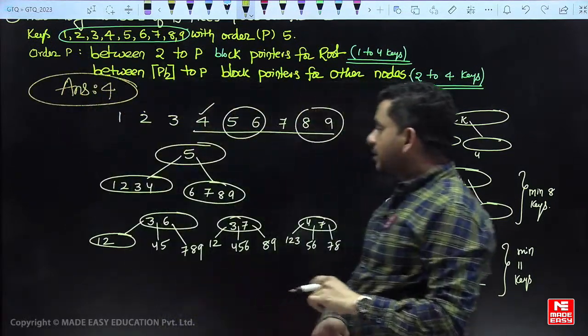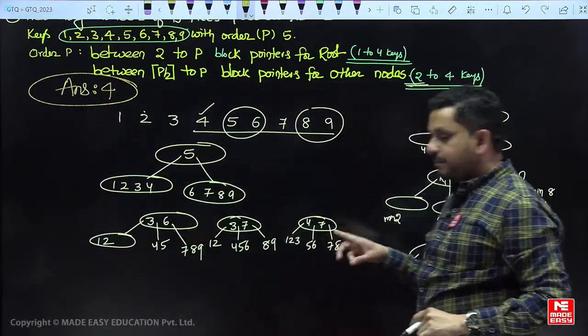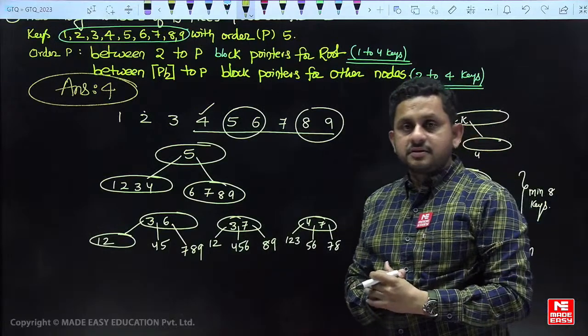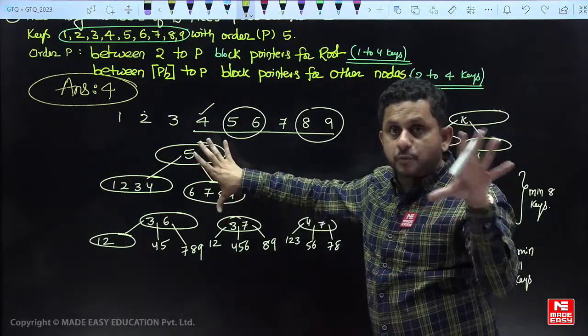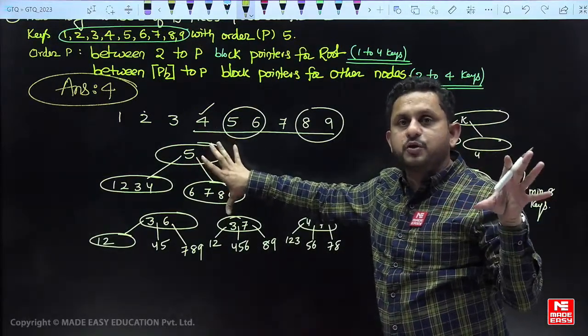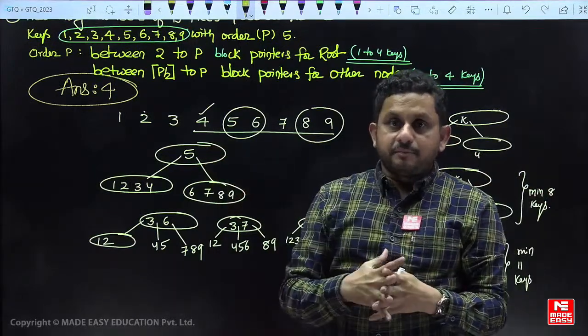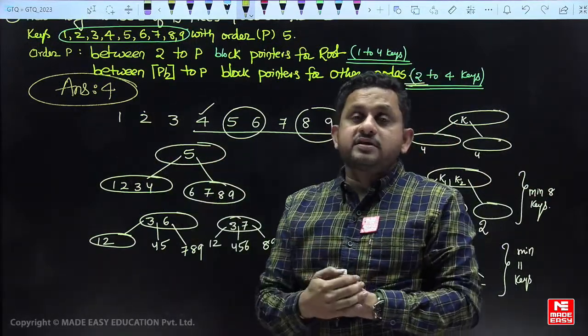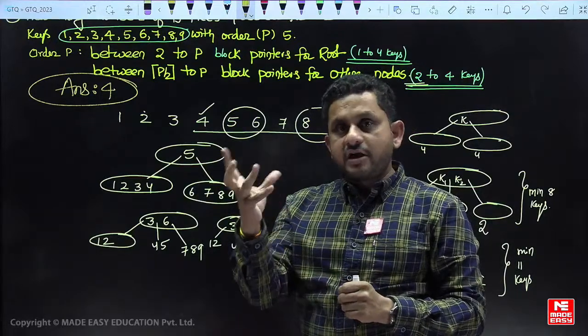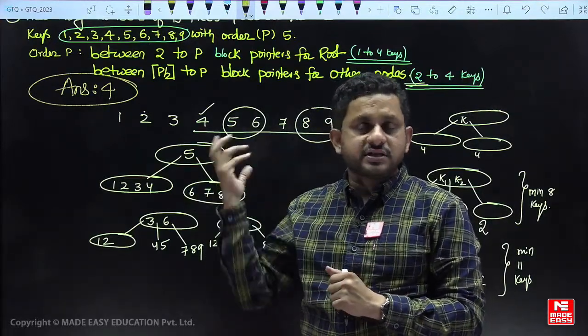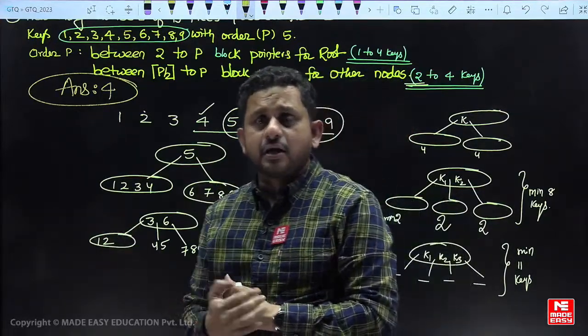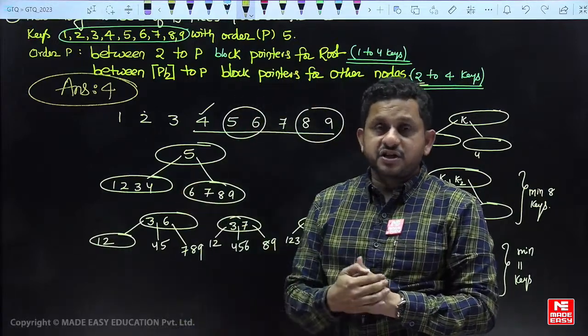So this is 1 and these are 3. Like this you need to see all the possibilities. Whereas for binary search trees, the total number of binary search trees has a well-defined formula, 1 by n plus 1, 2n Cn, which we studied in the algorithm GTQ session yesterday.